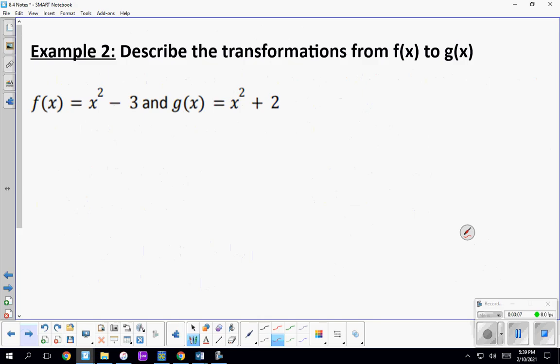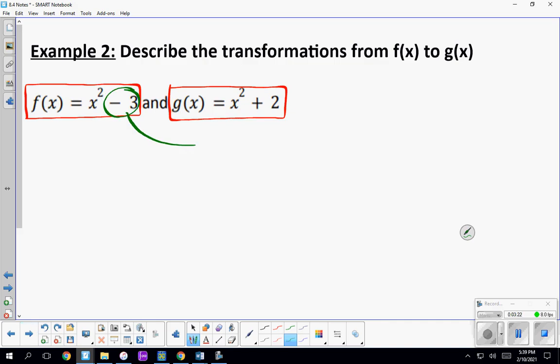Here's an example where we're not starting with the parent function. Here we're starting with a different function, and we're moving to g. Here we have a different y-intercept, and if I go from -3 to +2, I need to go up 5 units.